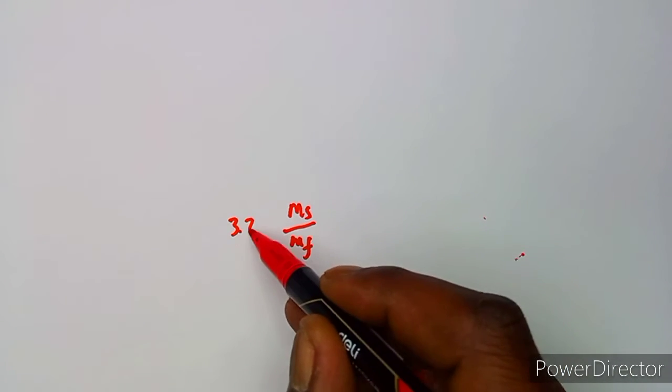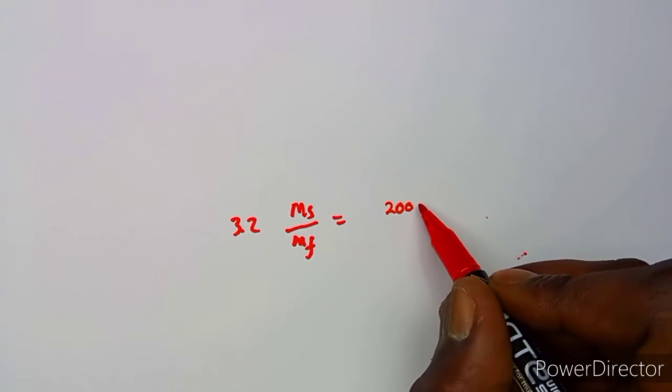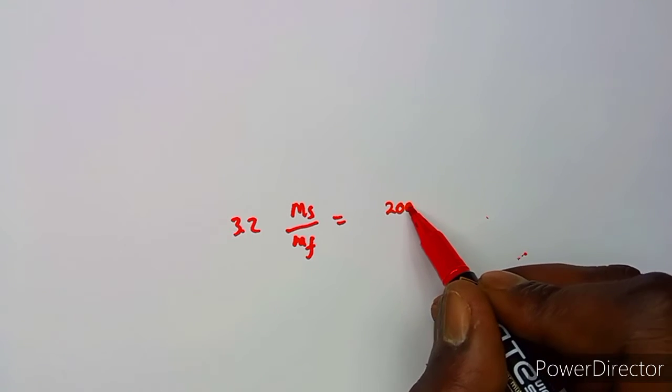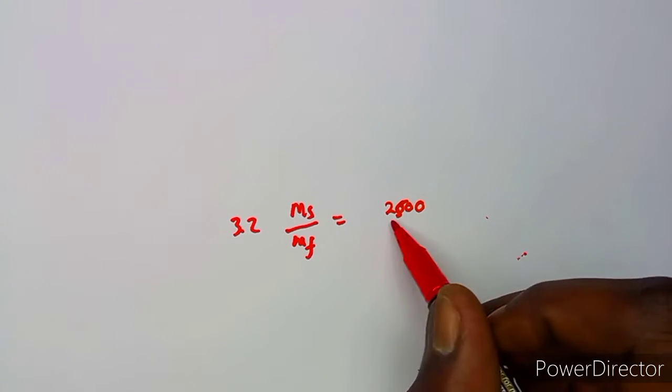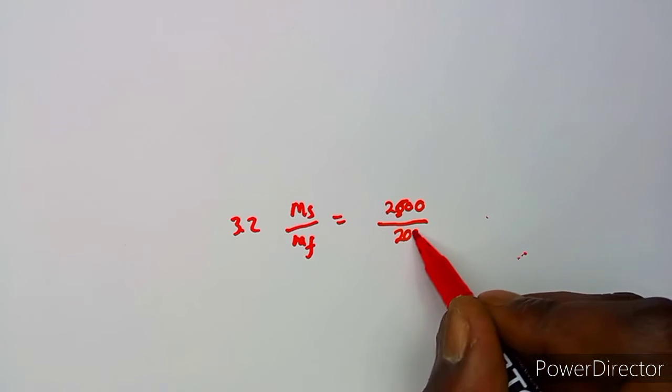So this is 3.2. The mass of steam is 2500 kg, over the mass of fuel, which is 200 in this case.